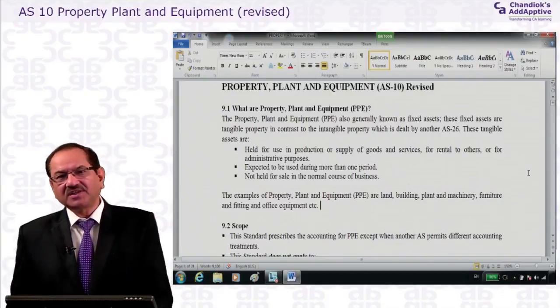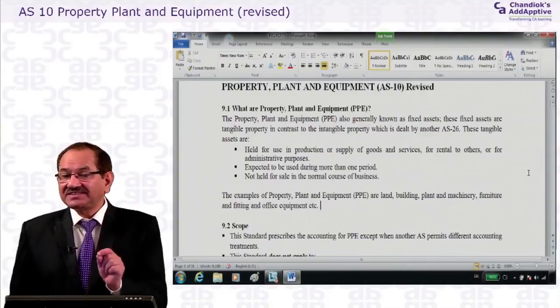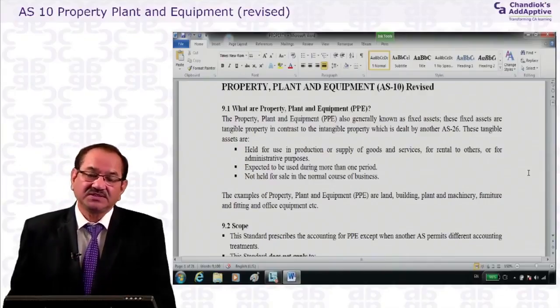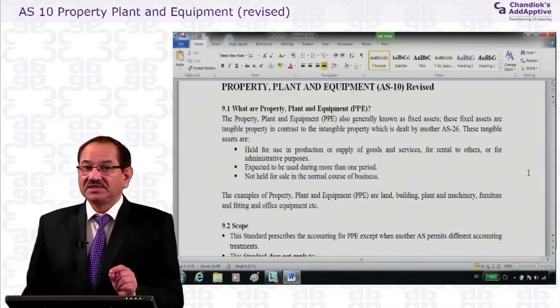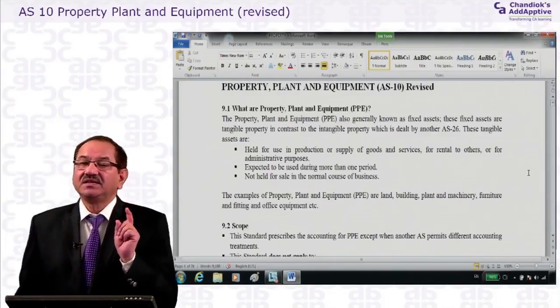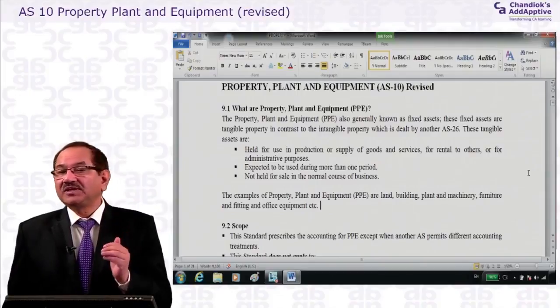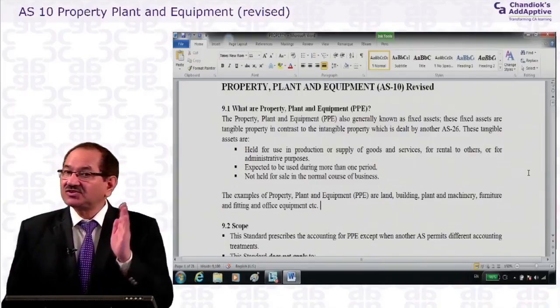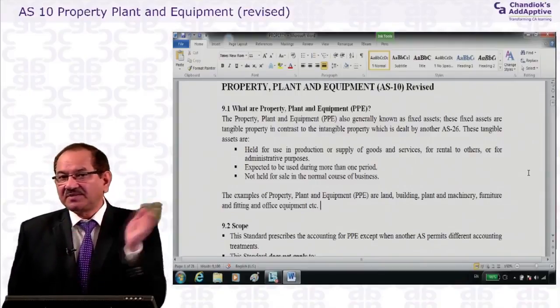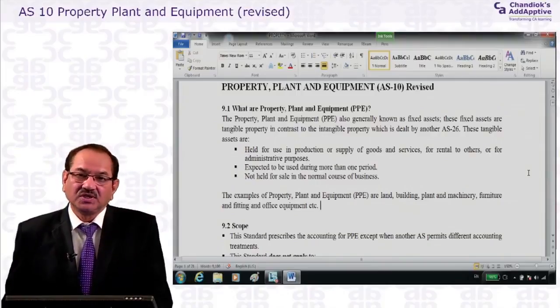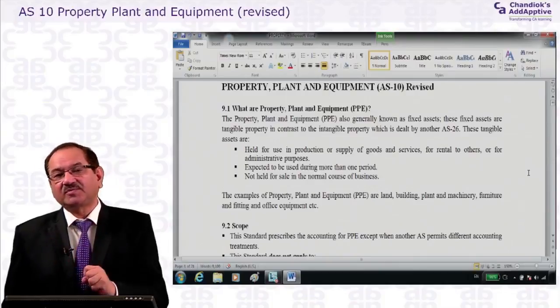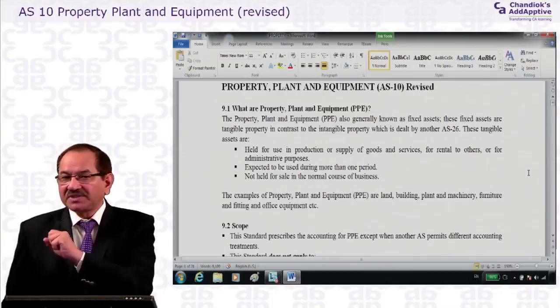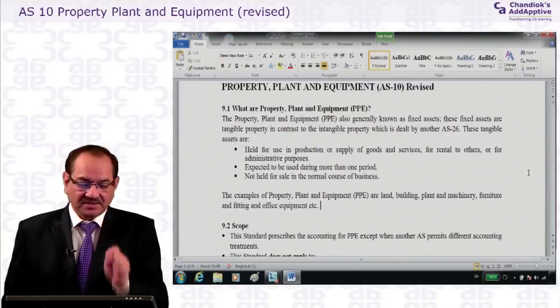Held for use in production: the business purchases fixed assets, or property, plant and equipment, for use, not for sale. What is purchased for sale is called inventories, which is covered by Accounting Standard 2. When you purchase property, plant and equipment, you purchase it for use, not for sale.